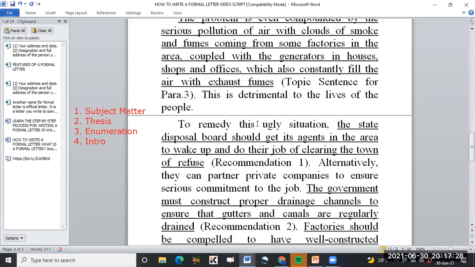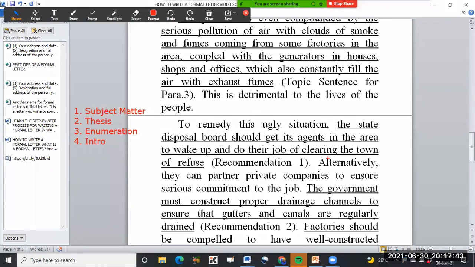So you say to remedy this ugly situation, the State Disposal Board should get its agents in the area to wake up and do their job of clearing the town of refuse. All right. So this is your first point. And you need to understand that point one, recommendation one, has to be the solution you provide to the first factor that causes this pollution.